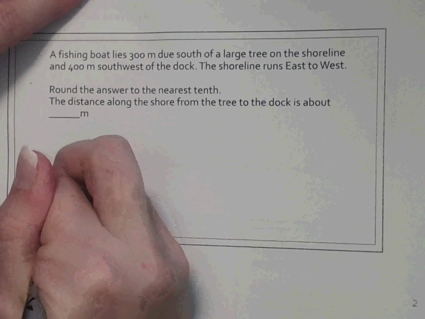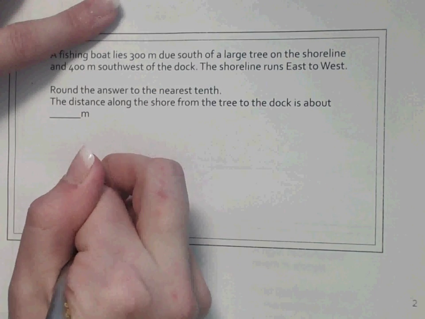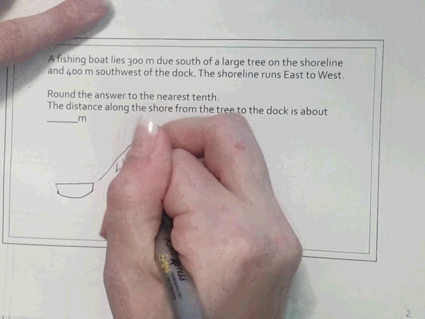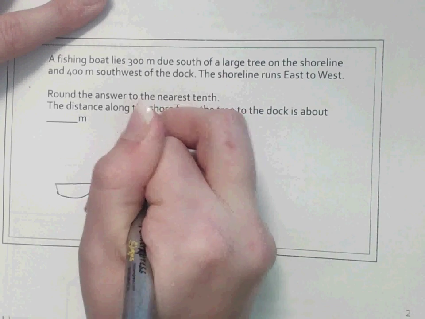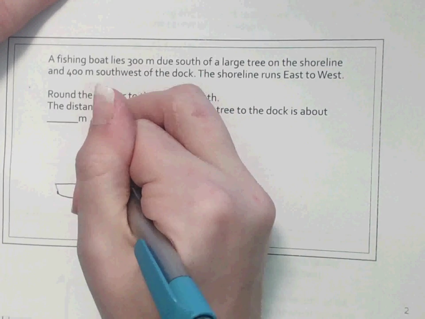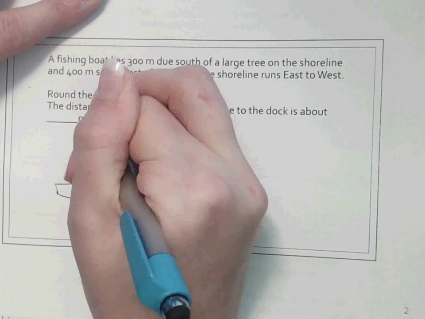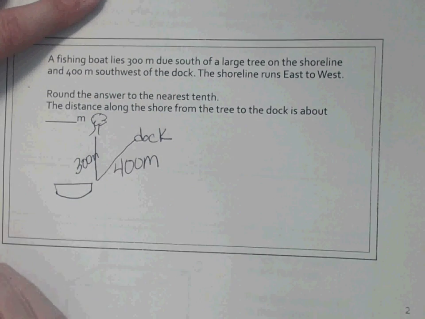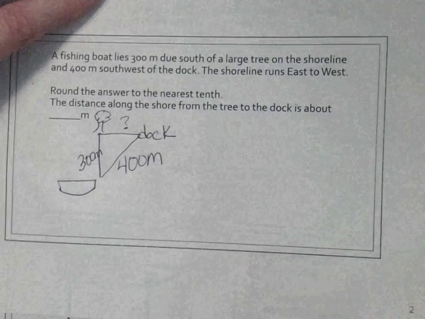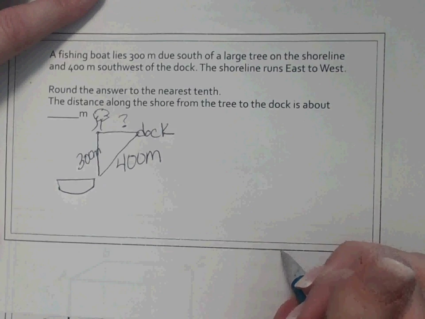Okay, so here's the boat, and it said southwest of the dock, and 300 meters, and this was the tree. From the tree to the dock is how much? Not the prettiest picture, but it does give us a good idea.